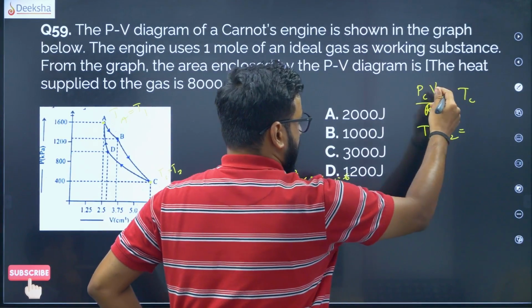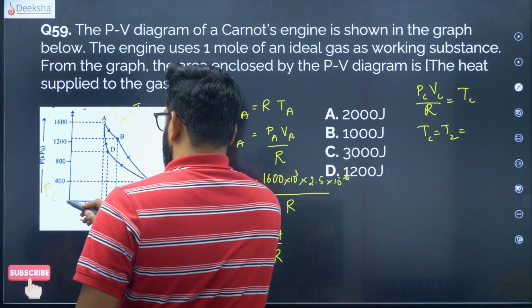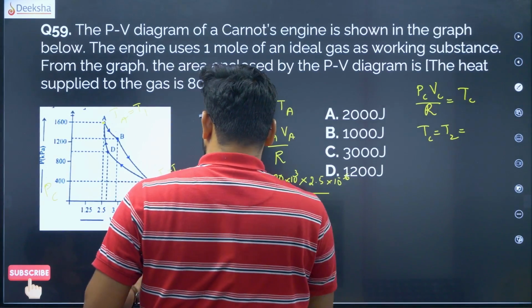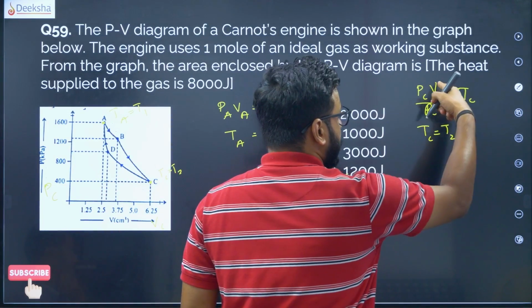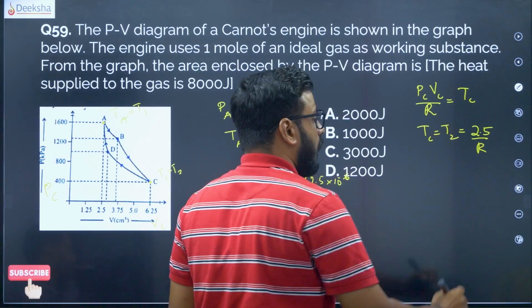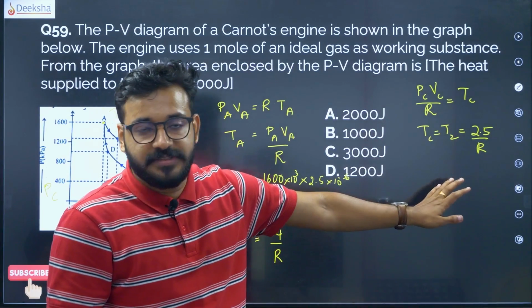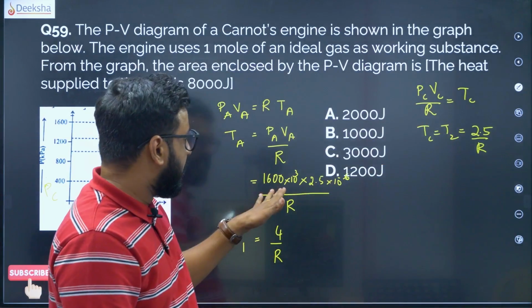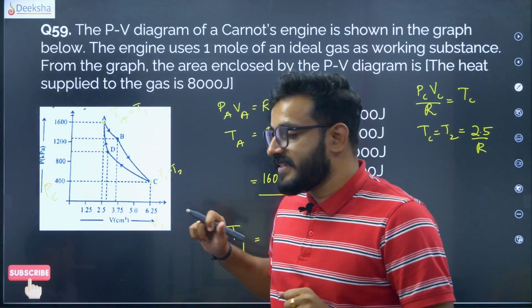Now, please calculate it yourself. PC value is 400 and the VC value is 6.25. Similarly, you can substitute and find it yourself. So T2 is equal to PC VC by R, which is 2.5 by R. If there is any contradiction, please let me know in the comment section. Just like we did PA VA, you can do PC VC yourself.